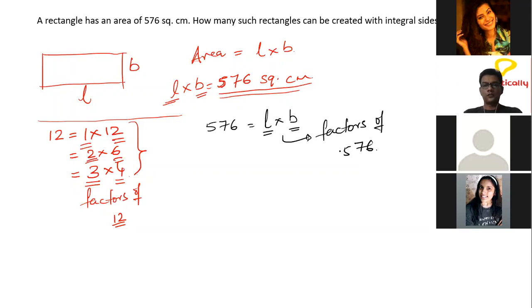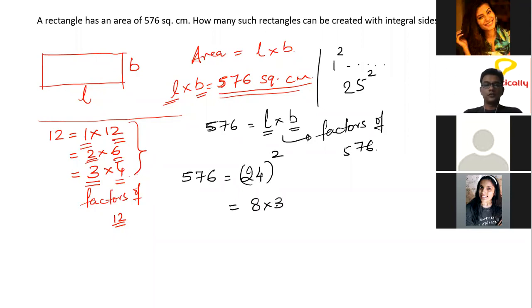I hope you all understood this concept: L and B should also be factors of 576. So the first and foremost rule for me is to see how many factors 576 has. Now, if we remember the first class that we did, which was finding squares from 1 to 25, we realized that 576 is nothing but 24 square. And 24 itself is nothing but 8 into 3.